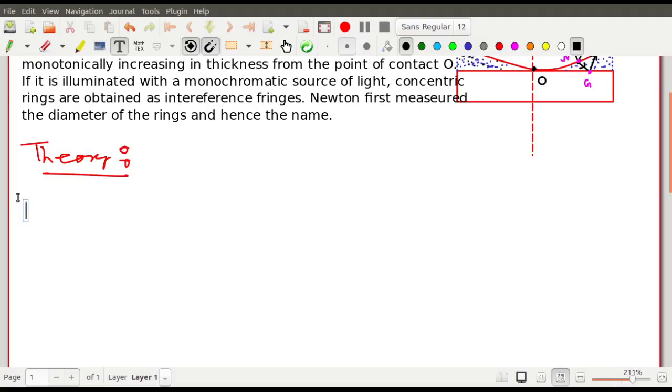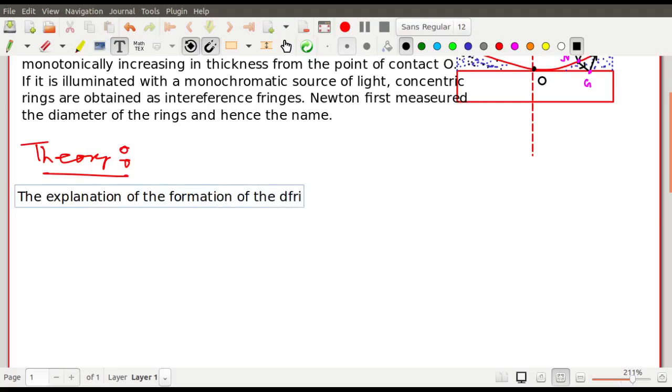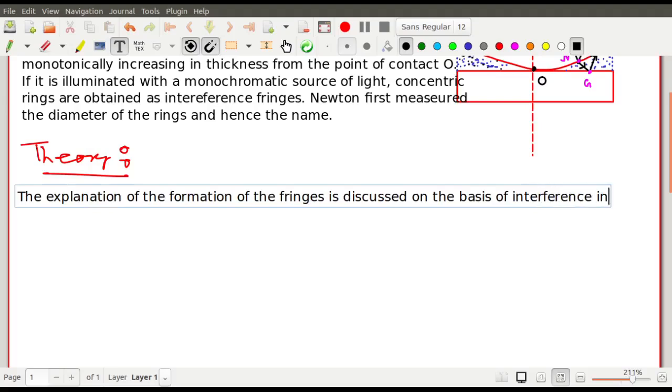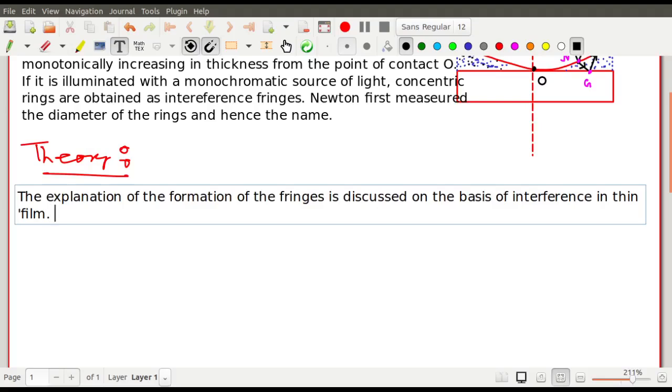In the theory I will just make out the points: the explanation of the formation of fringes is discussed on the basis of interference in thin film.